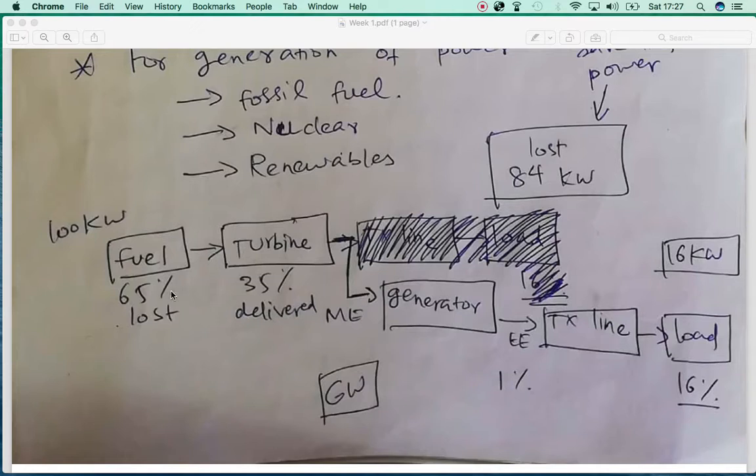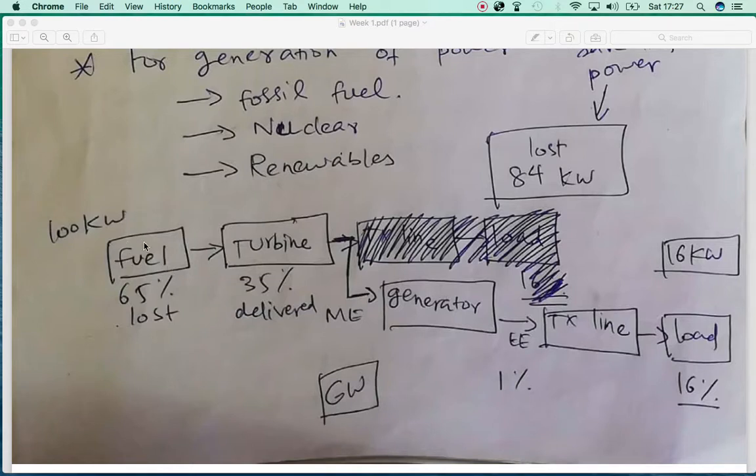You can see that this is a diagram of a power plant in which we have a fuel, and let's suppose we have 100 kilowatts of power in terms of fuel being given as input to this power plant.